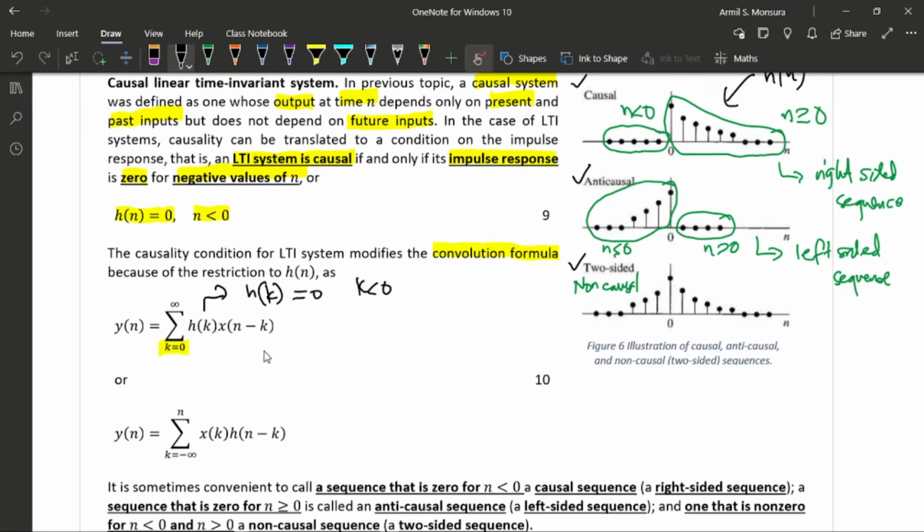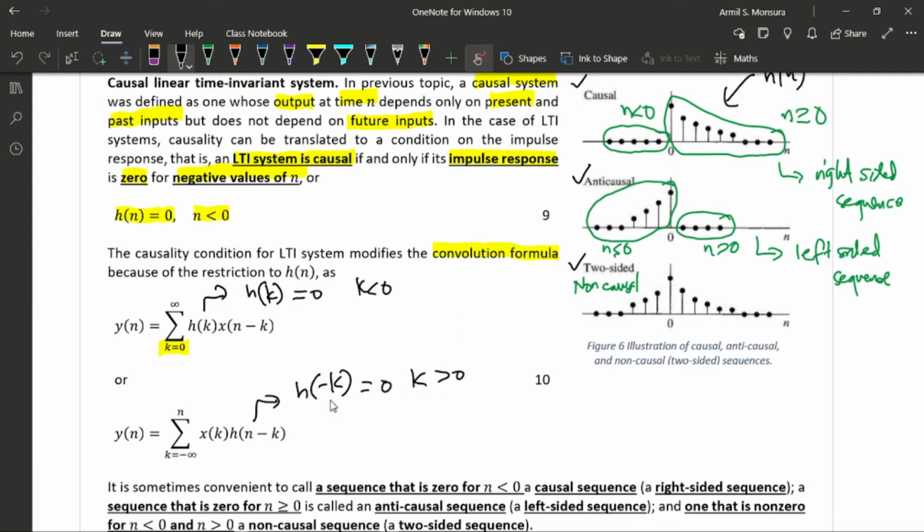Or otherwise, if we opt to place the impulse response to be the one that is time folded and shifted, then when you fold this sequence, when h[n] is 0 for n less than 0, and you substitute it inside the convolution formula, then h[-k] is actually 0 for positive values of k, because it is time folded. So when it is time folded, if your system is causal, it is a right-sided sequence, but when you reverse it in time, it becomes 0 for positive values of k.